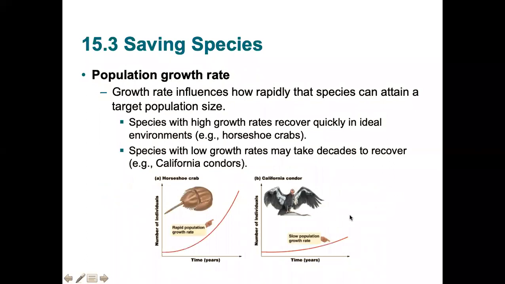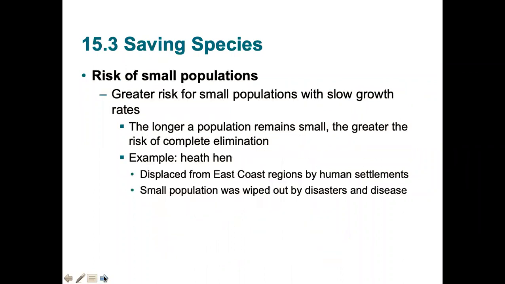And then also slowing population growth rates. And not so much growth rates of species, but humans, because we're the source of a lot of this. But population growth rates are ways to slow extinction. Now, the small populations with slow growth rates are the ones that are at the most risk if you're thinking about particular species and trying to bring them back. So things like elephants.